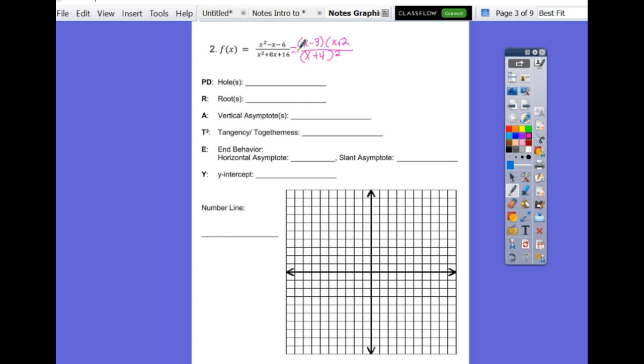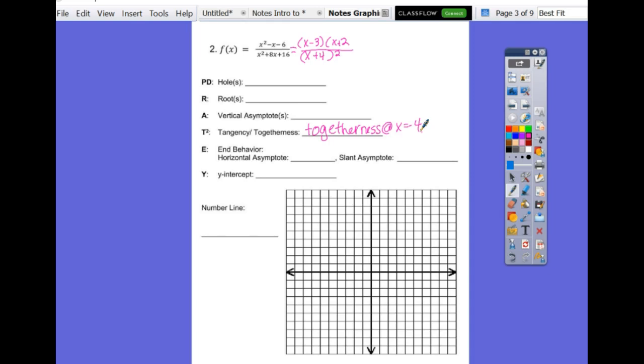So what is that this time? Tangency is on top and togetherness is on bottom. So it's the togetherness, right? So we're going to have togetherness this time at x equals -4. So nothing canceled.